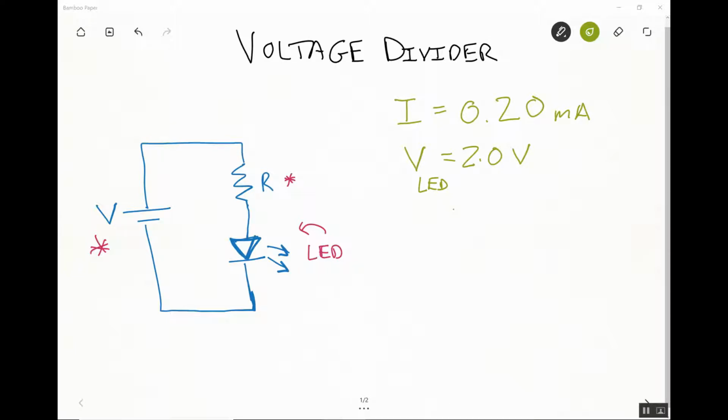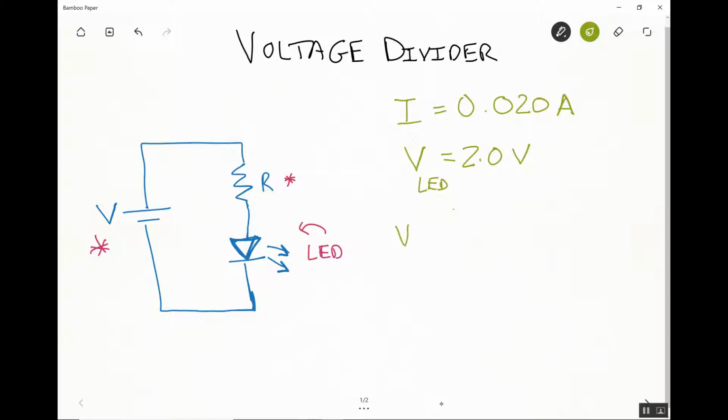Okay, so back here on our circuit diagram, I've written that the green LED needs 20 milliamps of current. Oops, I wrote that wrong. 20 milliamps is 0.020 amps, and the LED needs 2 volts. Okay, so let's think our way through this.